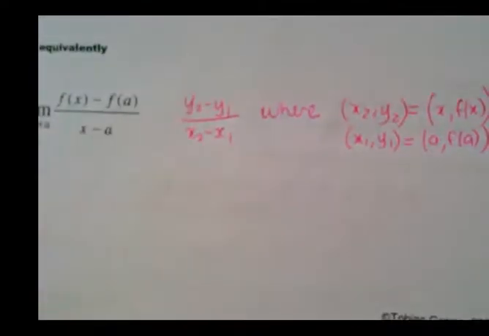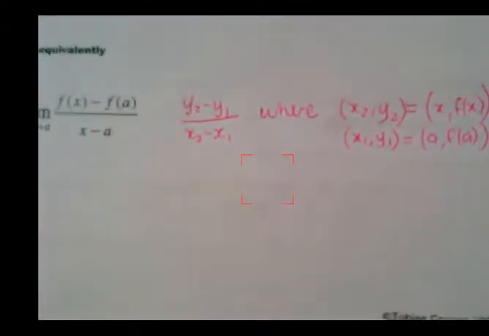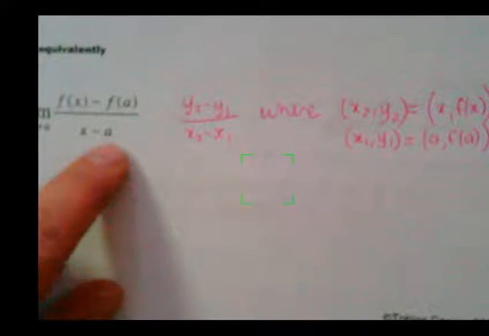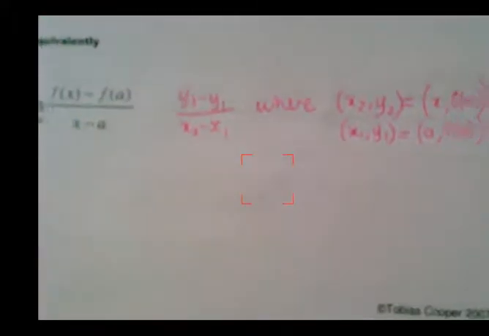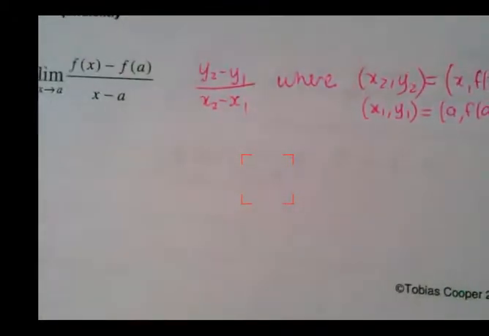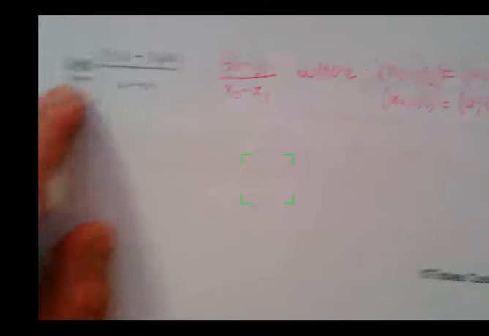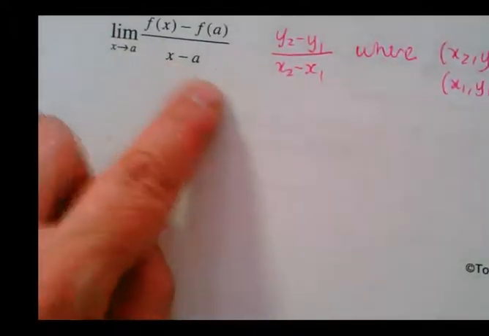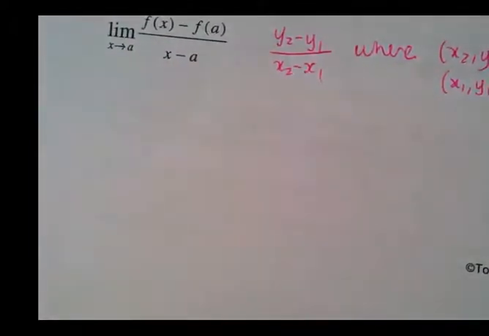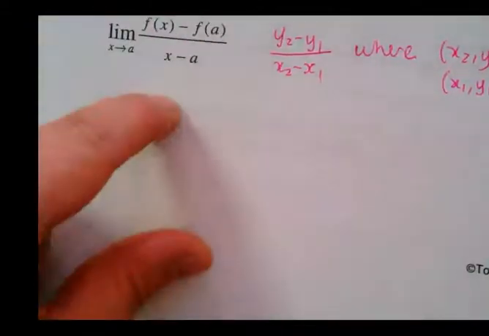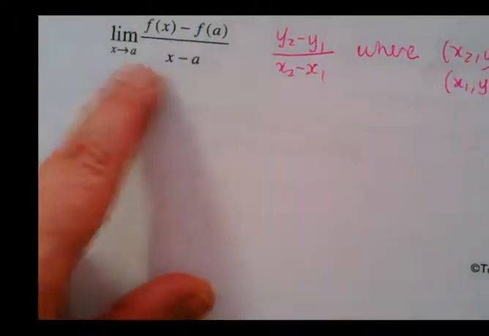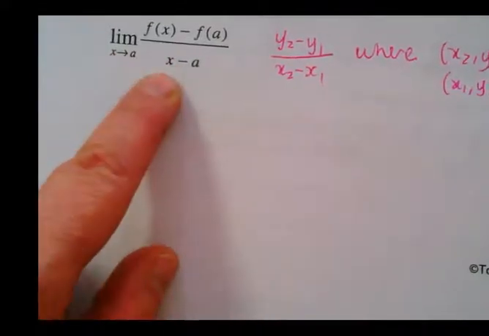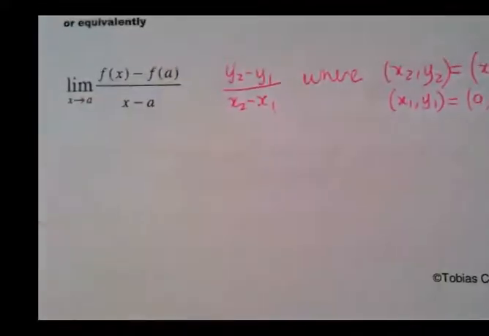Where x1, y1 is the point A, function of A. So what we're saying is, when x approaches A, you'll get A minus A is 0. That's why it's a limit. You actually cannot divide by 0. We can't substitute x equals A in here because you get 0, right?